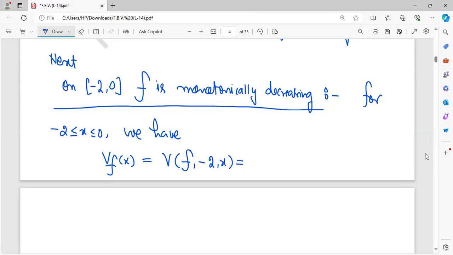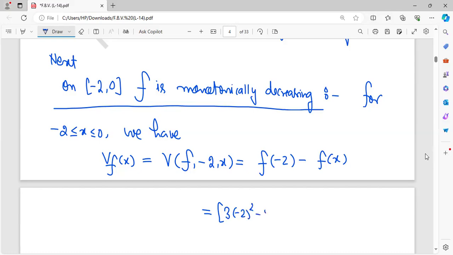But the function is monotonically decreasing, so we write f(minus 2) minus f(x), because the total variation of a monotonically decreasing function is the initial point value minus the final point value. Here x is a variable, but ultimately it is the final point. What is the value at minus 2?